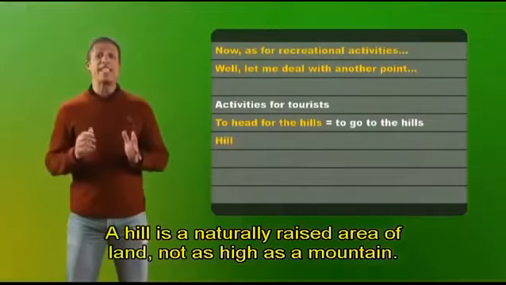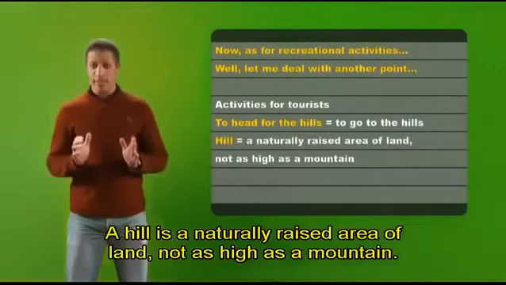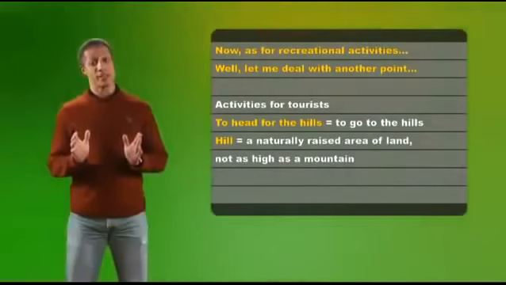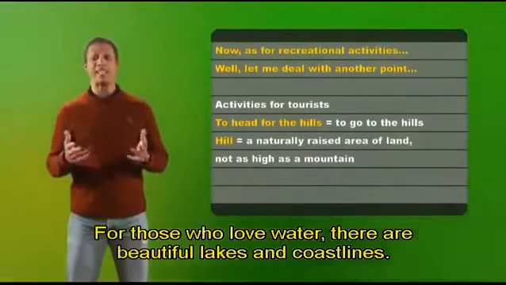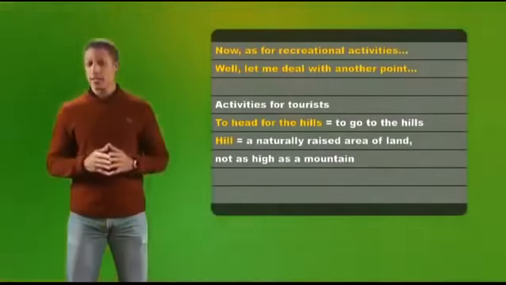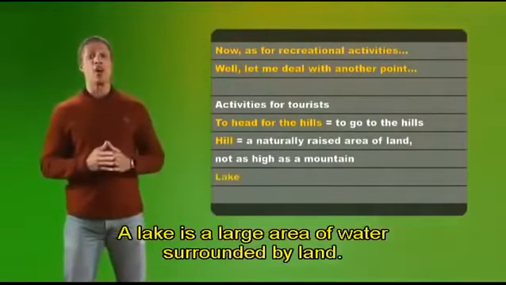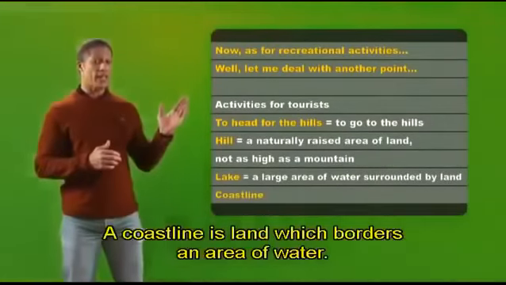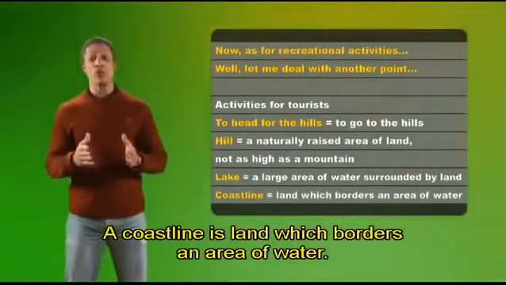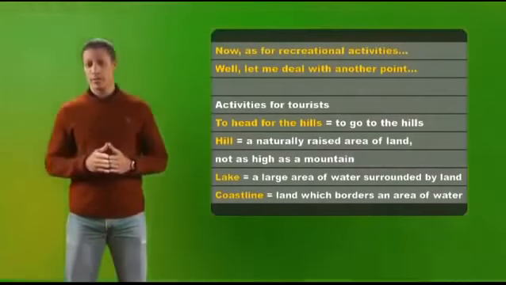A hill is a naturally raised area of land, not as high as a mountain. For those who love water, there are beautiful lakes and coastlines. A lake is a large area of water surrounded by land. A coastline is land which borders an area of water.